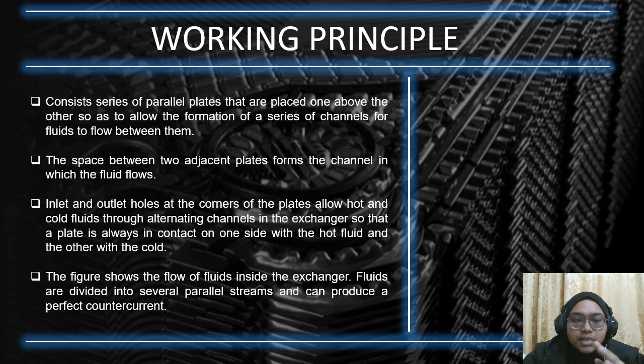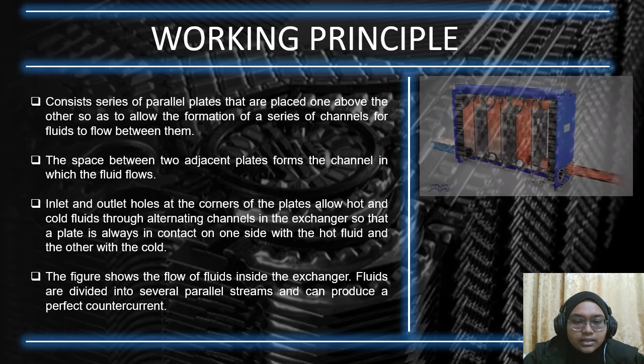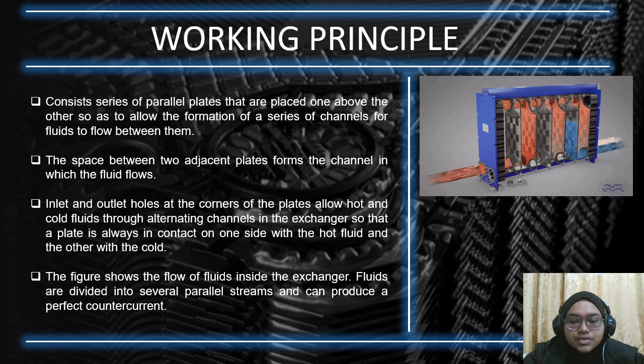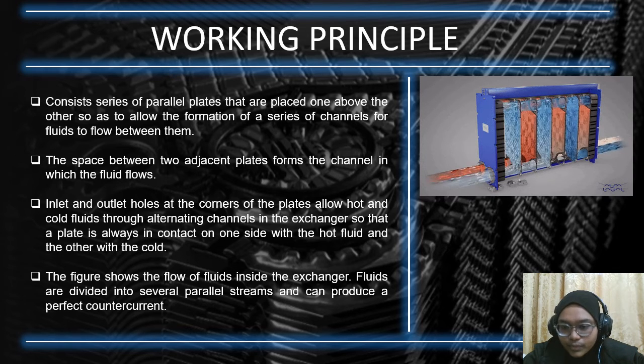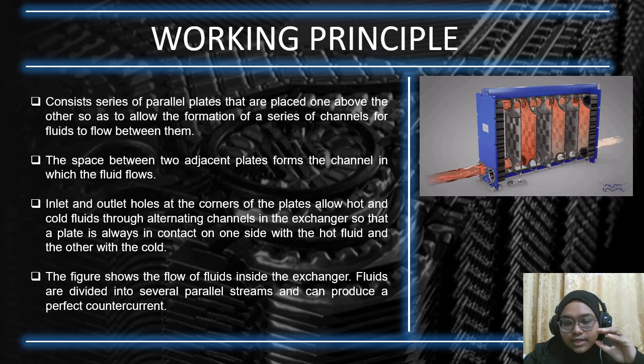The space between two adjacent plates forms the channel in which the fluid flows, and the inlet and outlet holes at the corners of the plates allow hot and cold fluid through alternating channels in the exchanger, so that a plate is always in contact on one side with the hot fluid and on the other with the cold fluid, so they won't mix together.